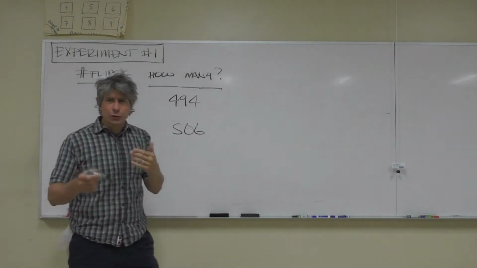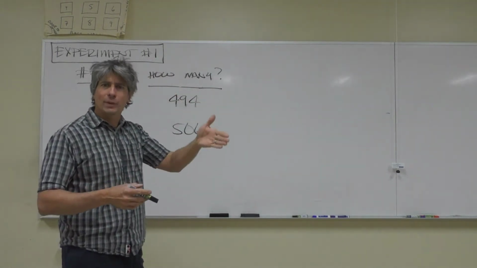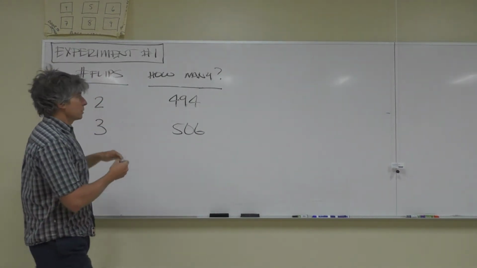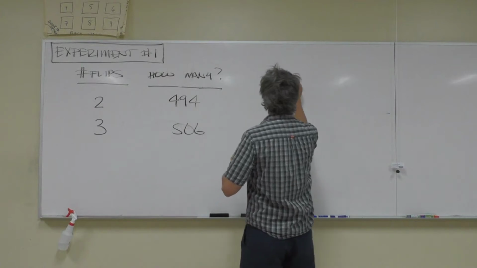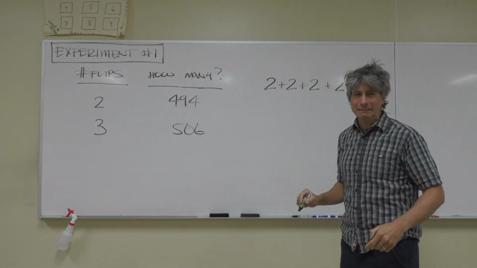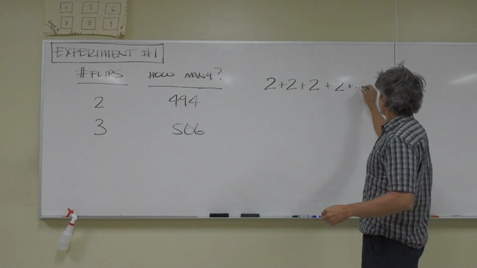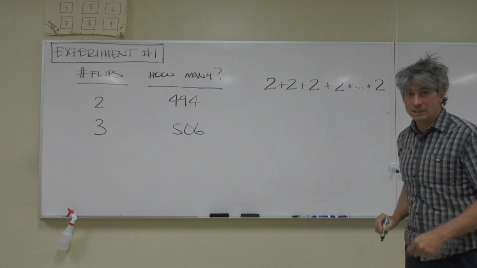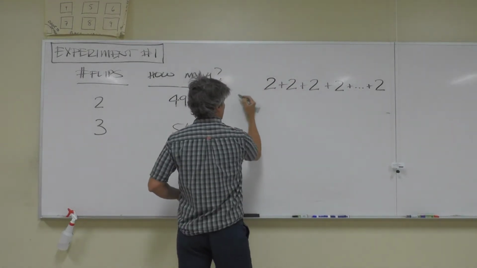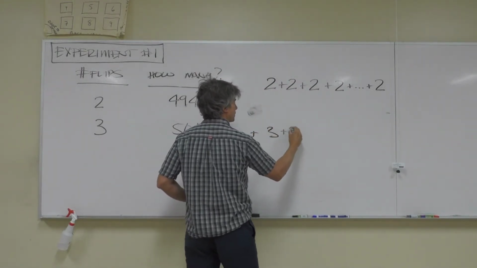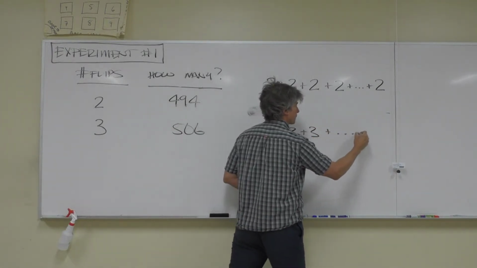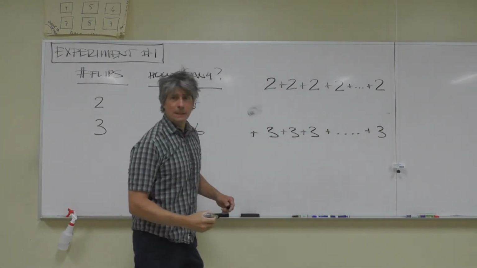So we could still do this the way we were doing it earlier. We could simply write out 2 plus 2 plus 2 plus 2, I'm going to stop myself if that's okay, plus dot dot dot plus 2 a bunch of times, plus 3 plus 3 plus, I'm going to stop myself again, plus 3 a bunch of times.